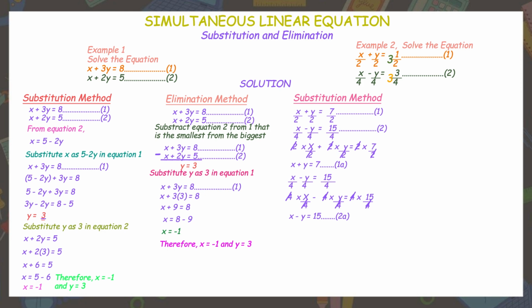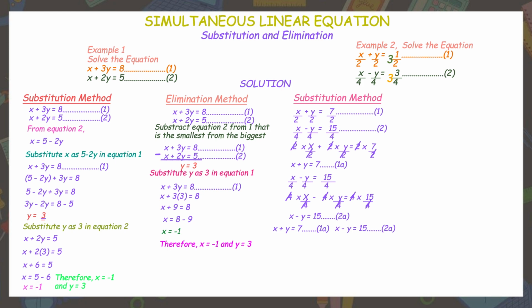That is equation 2a. Now, the two equations that we have are x plus y equals 7, equation 1a, and x minus y equals 15, equation 2a. And we want to solve this using the substitution method.